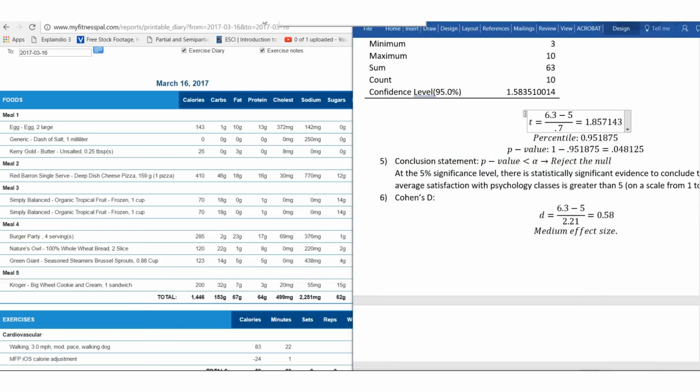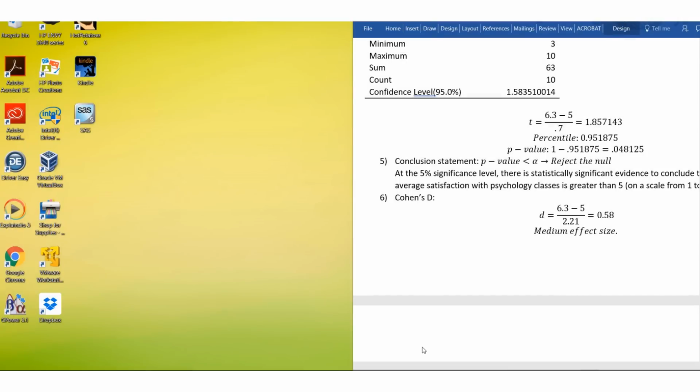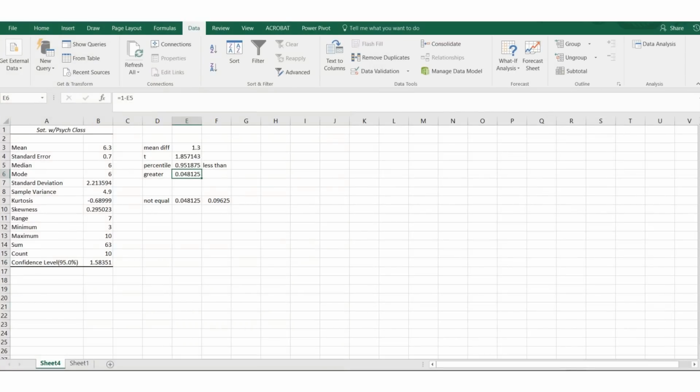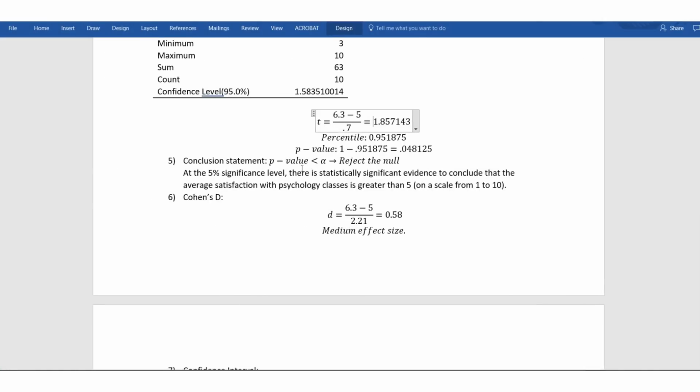And then what you want to do, let me close out of all this. Then what you want to do is, after you get the p-value, we're going to write a statement here. And so if your p-value is less than your alpha, then you reject the null and you say there is statistically significant evidence.